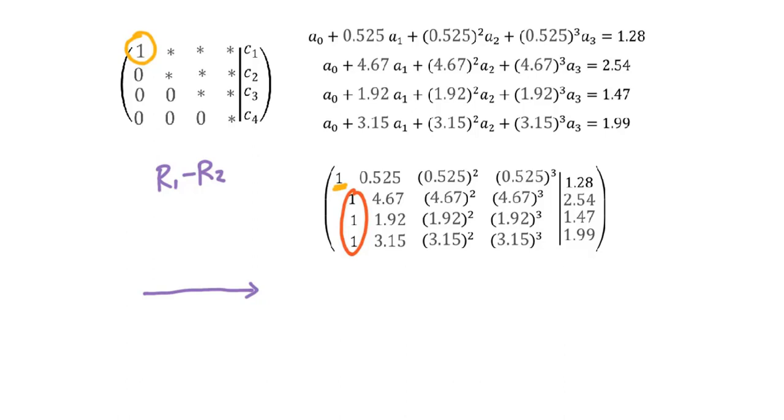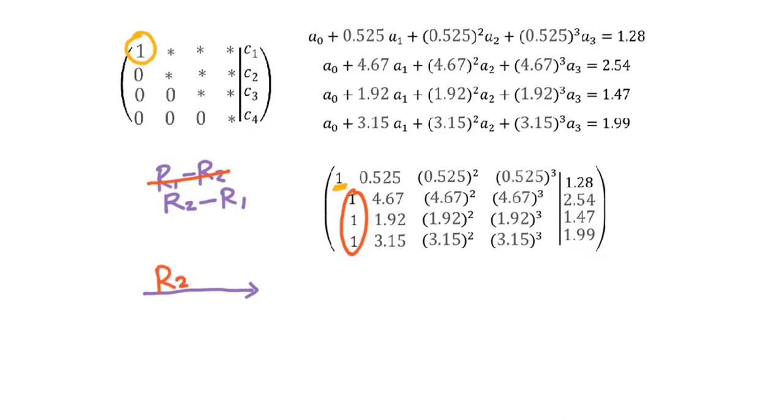But if you do it that way, you will get a negative number. I don't want the negative number. That's the reason I want to do row 2 minus row 1 instead of row 1 minus row 2.